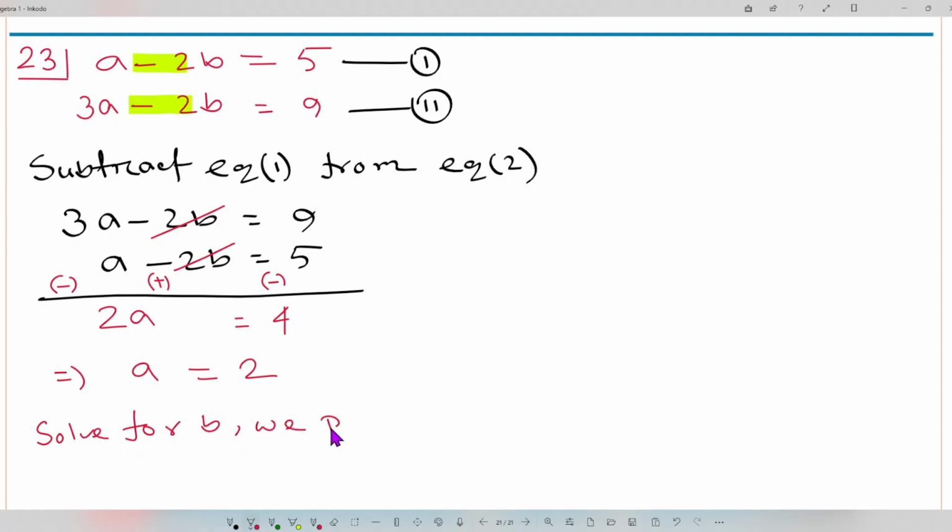We put a equals to 2 into equation, suppose equation 1, right?